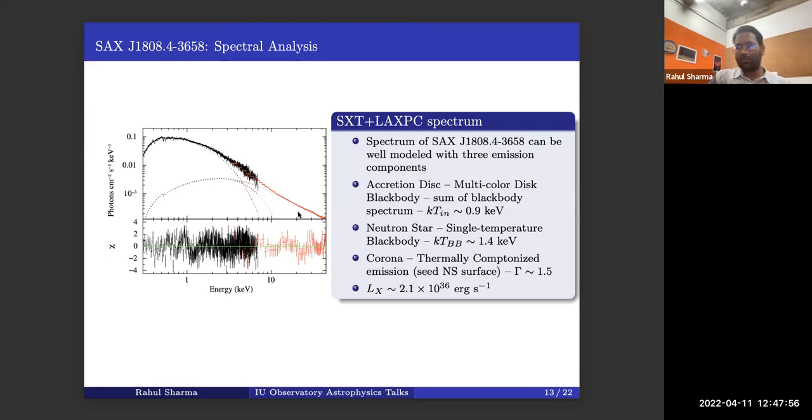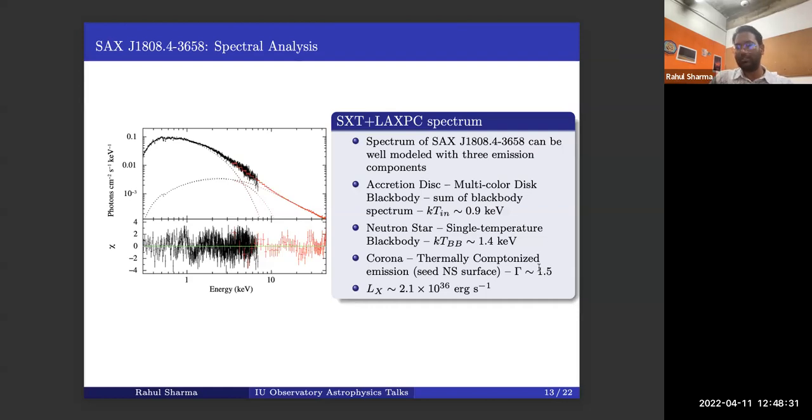We tested different combinations of models, like thermal blackbody plus accretion disk, with the corona or thermal Comptonized emission, and we found that the spectrum can be well fitted with all three components: the accretion disk with an inner disk temperature around 0.9 keV, the neutron star surface temperature around 1.4 keV, and the thermal Comptonized emission from the corona, which has a spectral index around 1.5.